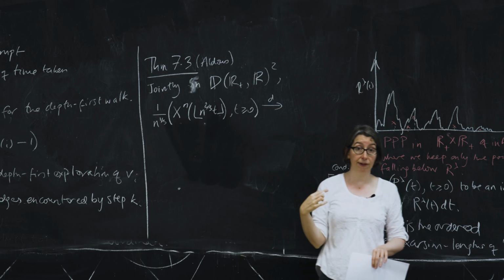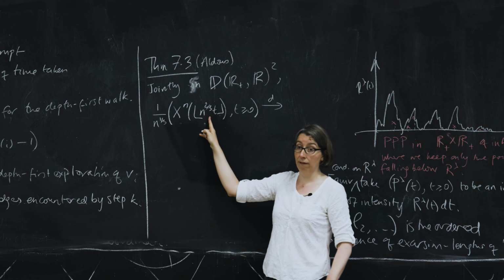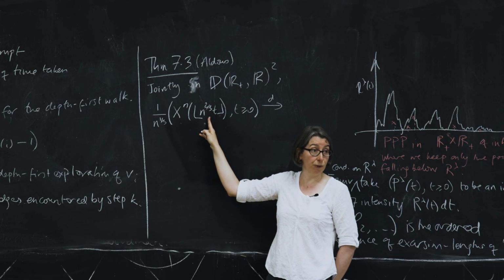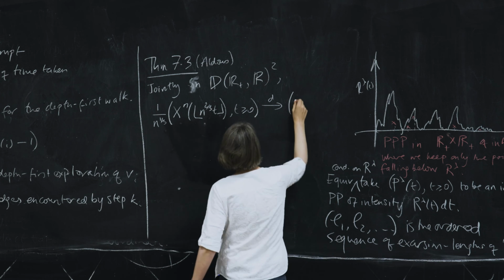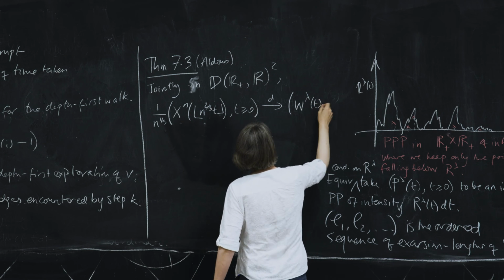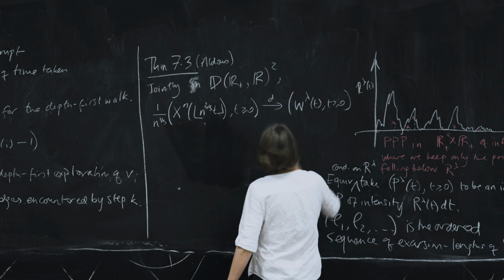And what this result says is that if I rescale the time by n to the 2/3 and the space by n to the 1/3, then what I get is convergence in distribution to this Brownian motion with a parabolic drift.